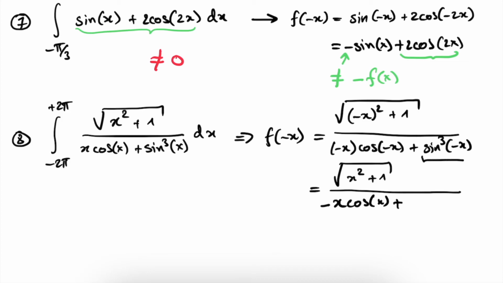The sine to the power of 3 of minus x is simply minus the sine of x to the power of 3, because the sine of minus x is simply minus the sine of x.